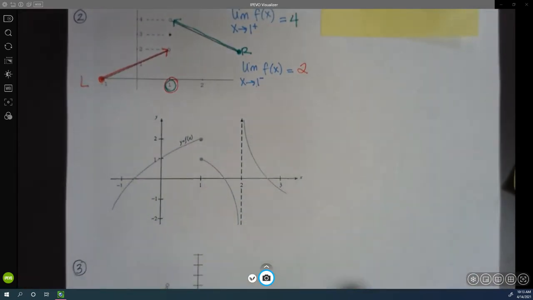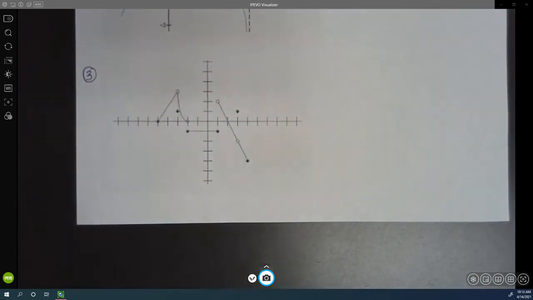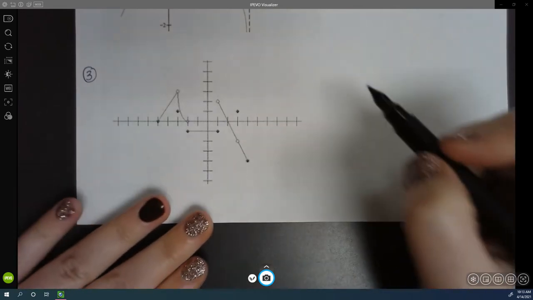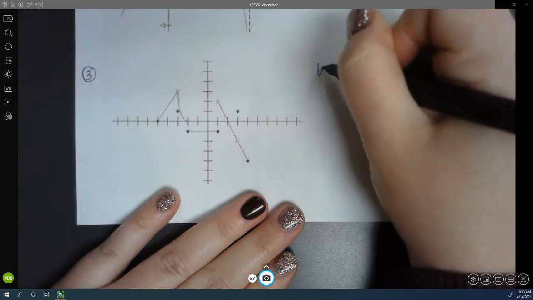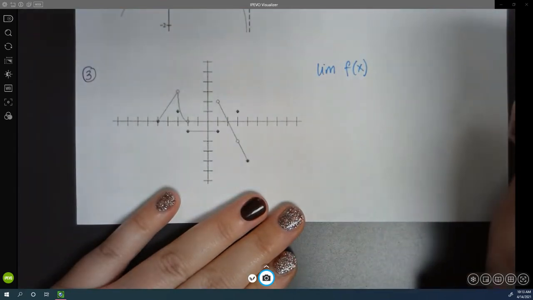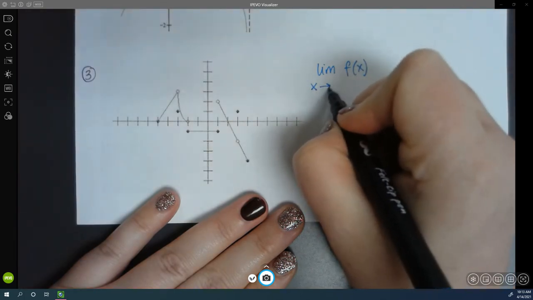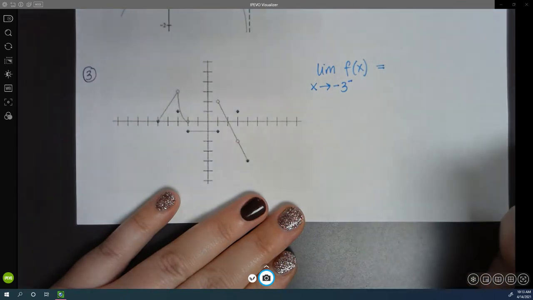In example number 3, we're going to be using the graph all the way down here. Notice there's a lot more going on in graph number 3. So we're going to write down 3 different questions here. I want to know the limit of the function as x goes to -3, and I want to go from the left side and see what that answer is.